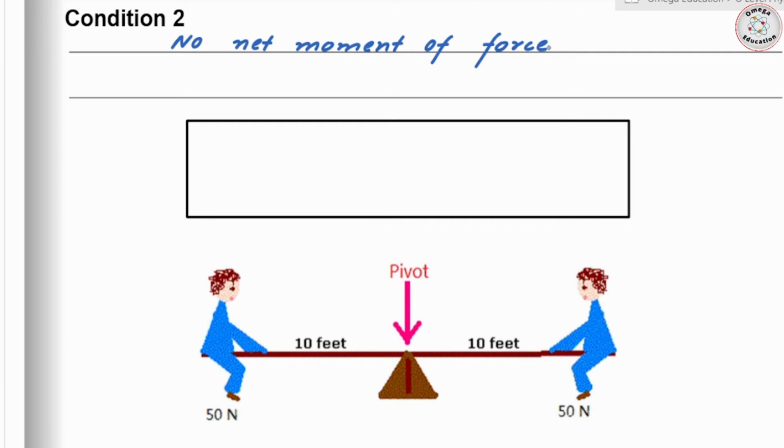And if there is no net moment of force, the object will not be rotating. This is just the same thing: if there is no net moment of force, the object is not rotating.